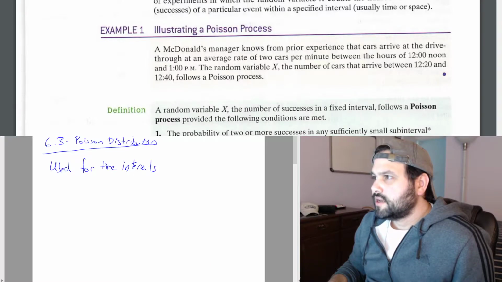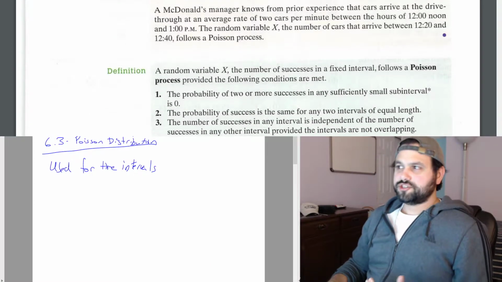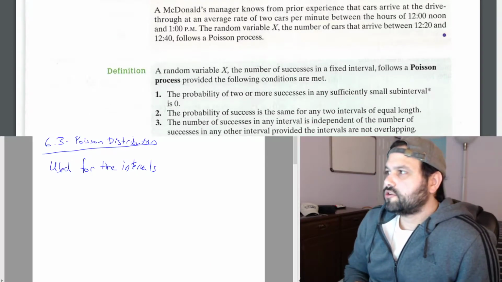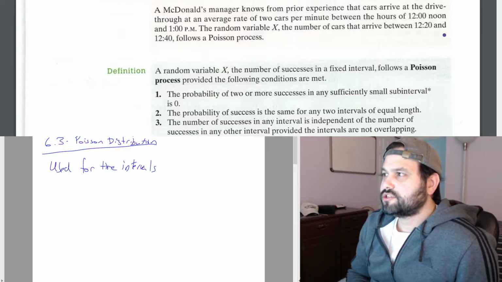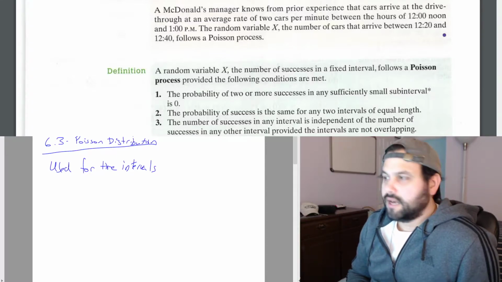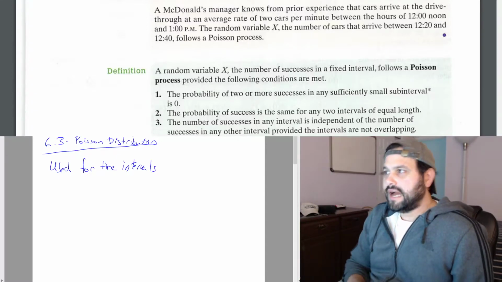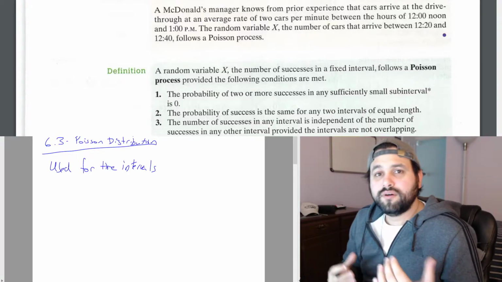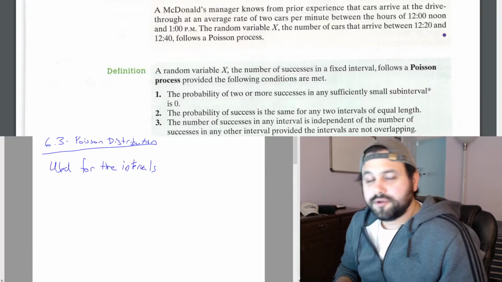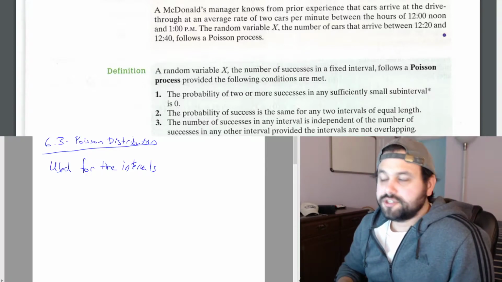A McDonald's manager knows from prior experience that cars arrive at the drive-thru at an average rate of 2 cars per minute between the hours of 12 noon and 1 p.m. The random variable x is the number of cars that arrive between 12:20 and 12:40. And so that would follow a Poisson distribution.